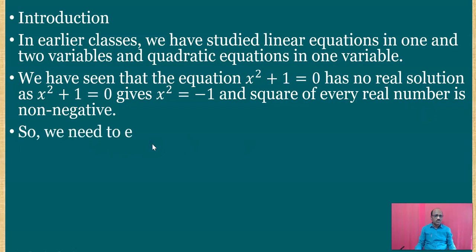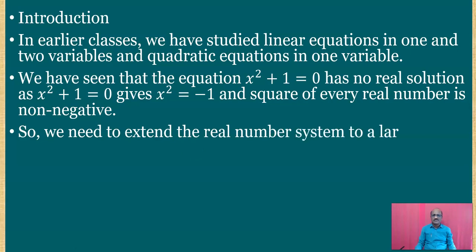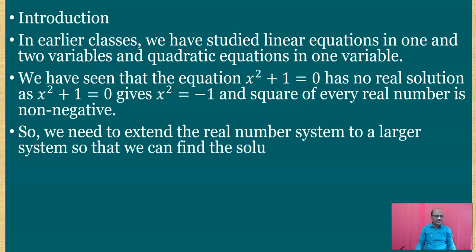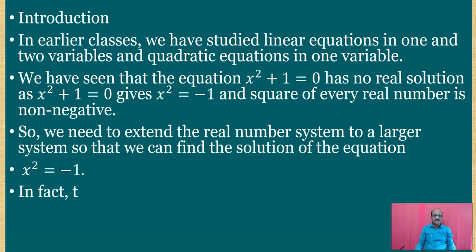So we need to extend the real number system to a larger system so that we can find the solution of this type of equation, x square is equal to minus 1.